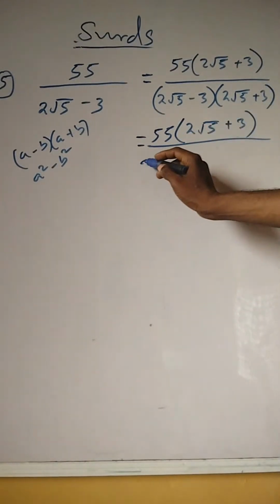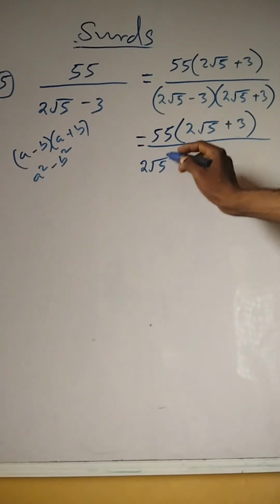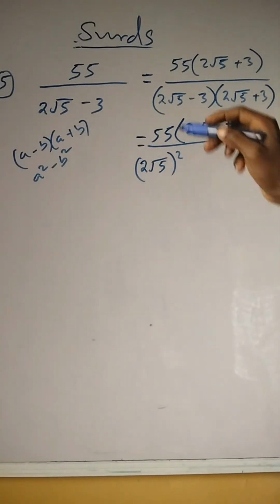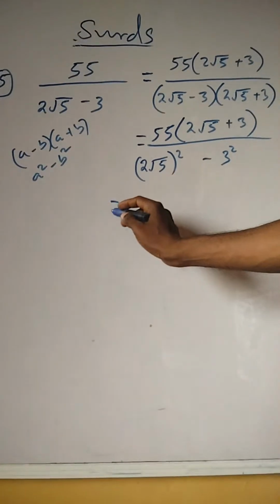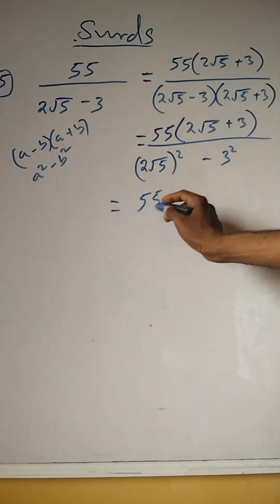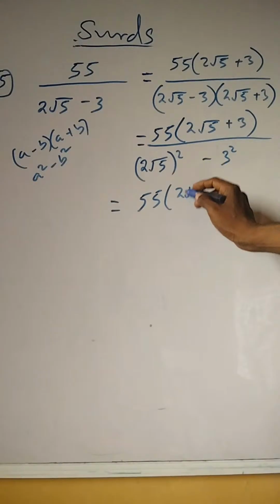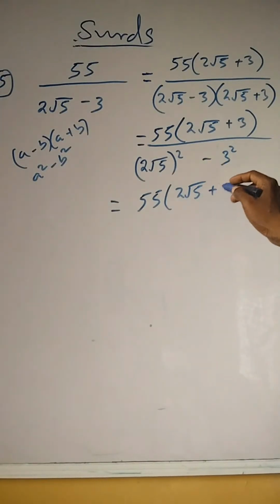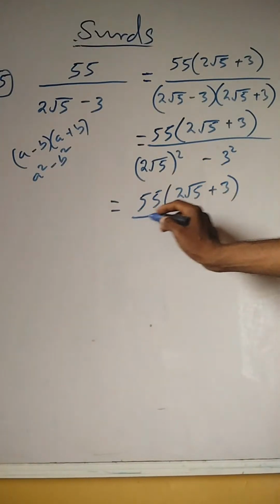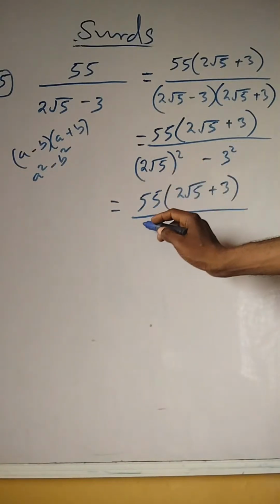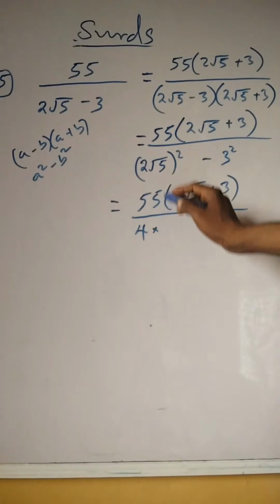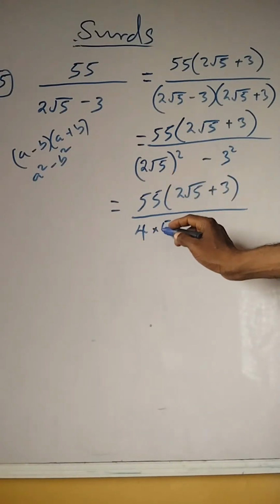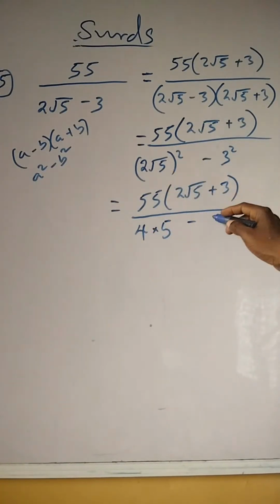That is, here we have 2 root 5 square minus 3 square. Next step, this becomes 55 times 2 root 5 plus 3, then divided by, the square affects 2, that's 4, then times, also affects root 5 square, that's 5, then minus 3 square, that's 9.